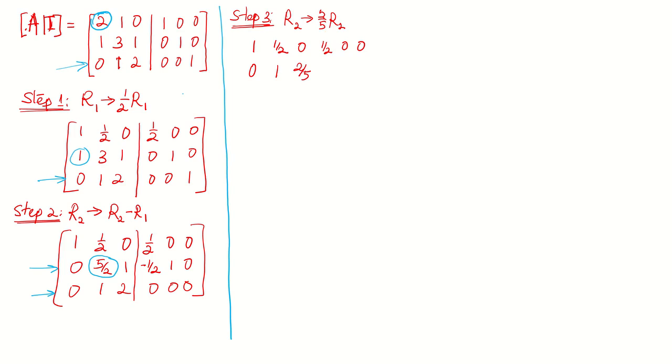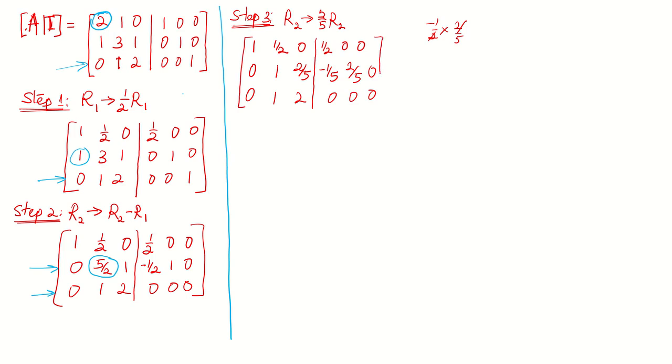Minus half times 2 over 5: let's multiply minus 1 over 2 times 2 over 5. That will give us minus 1 over 5. Then 1 times 2 over 5 is 2 over 5. 0 times 2 over 5 is 0. Then the third row remains the same: 0, 1, 2, 0, 0, 0. All right, and this is what we've obtained.